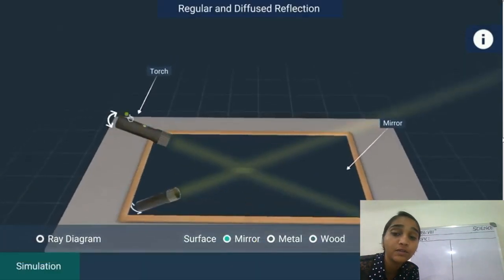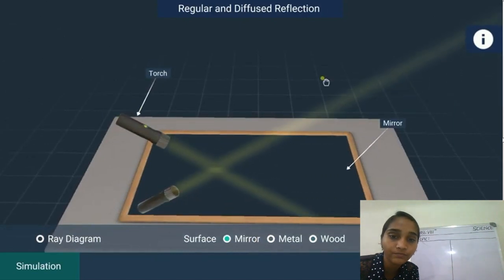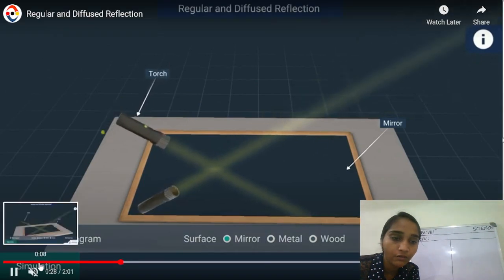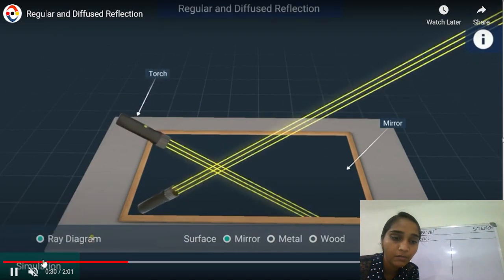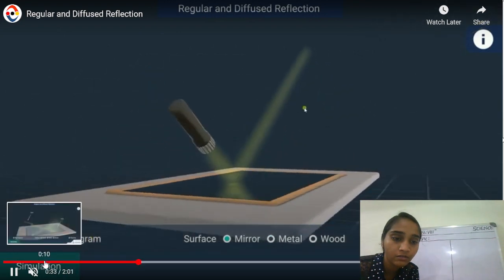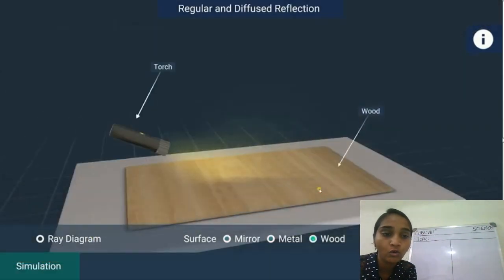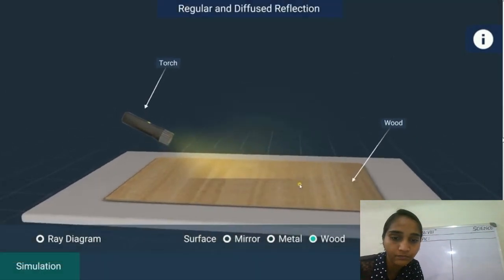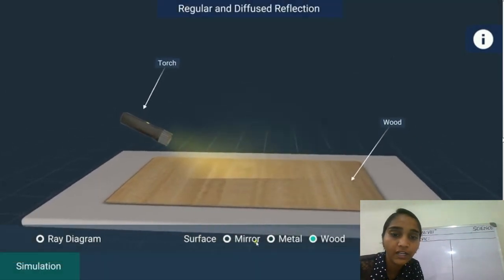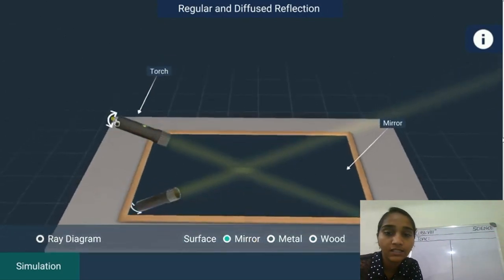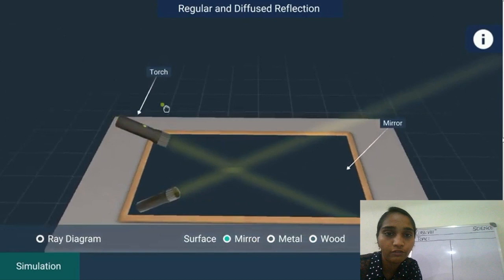What is the difference between this and when it was going on the mirror? I hope you must have observed something. So what have you observed? Very good students, some kind of reflection you have seen over here.